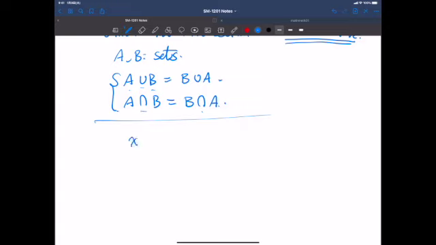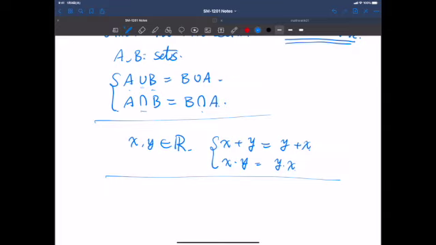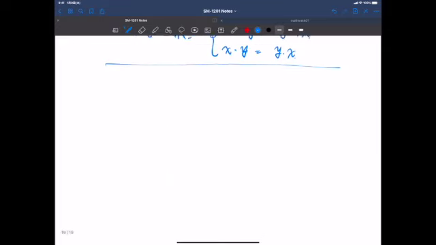If x and y are real numbers, then we always have x plus y is equal to y plus x, or x times y is equal to y times x. Anyway, let's try to prove this.